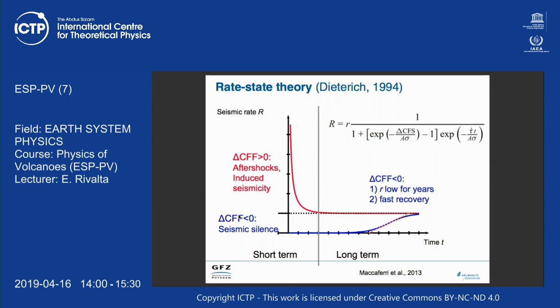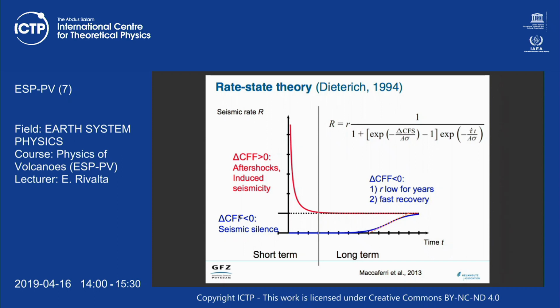Okay, so if the Coulomb stress change is positive, then you create basically a big jump in the seismicity, but this jump will be very quick.